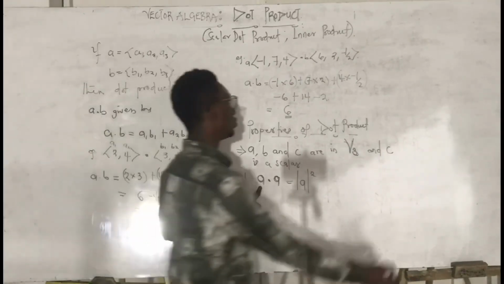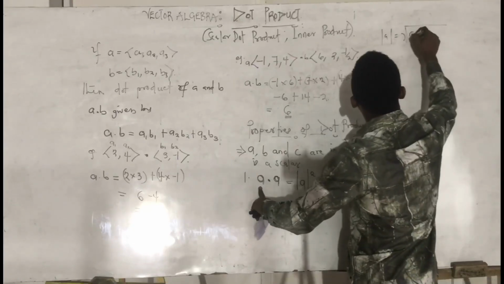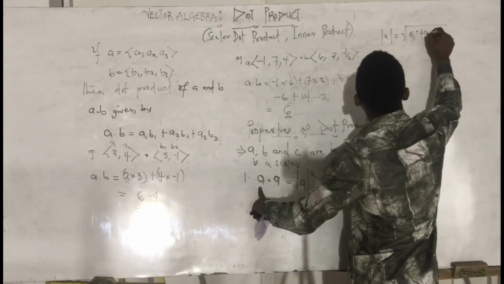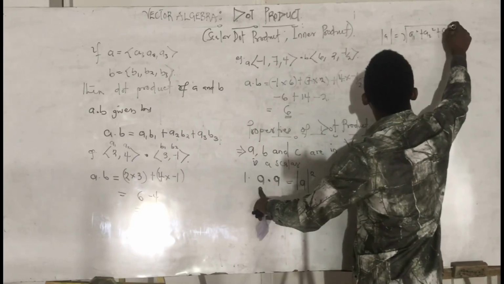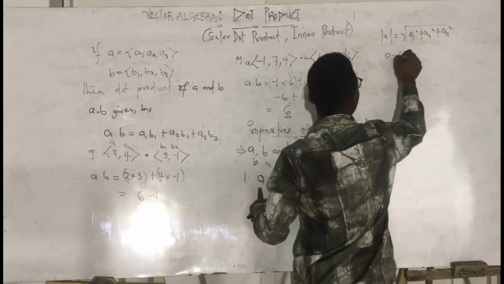And you know how to find the magnitude of a vector: the square root of A1 squared plus A2 squared plus A3 squared.